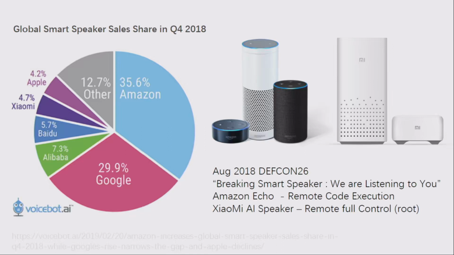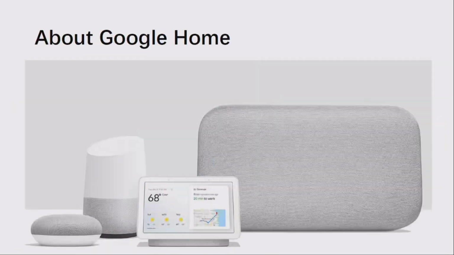After we shared how to break Amazon Echo and Xiaomi AI speaker at DEF CON 26, we began to study the security of the Google Home smart speaker. The Google Home family includes 4 devices, all of which have similar hardware. We chose the best-selling Google Home Mini as the main test device.